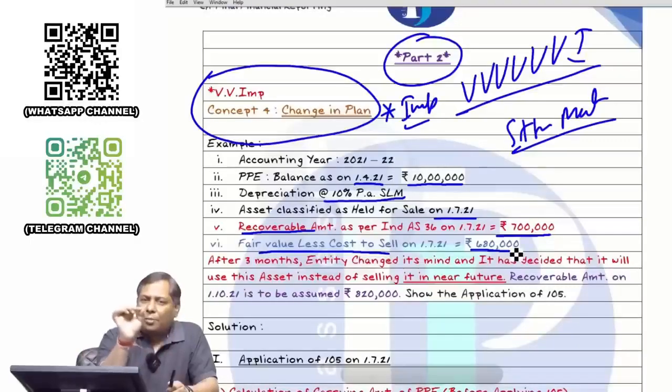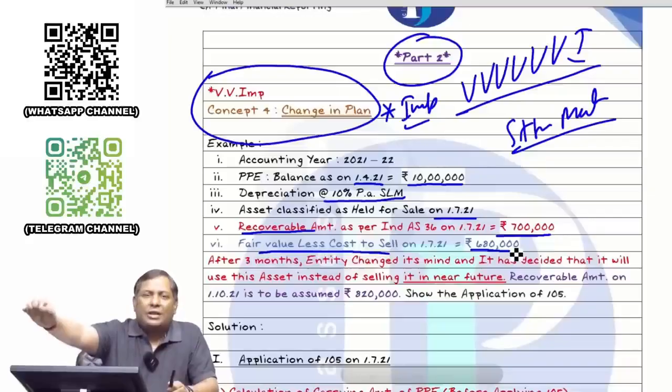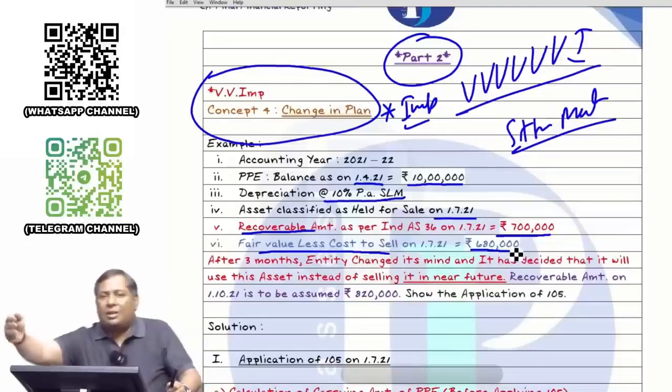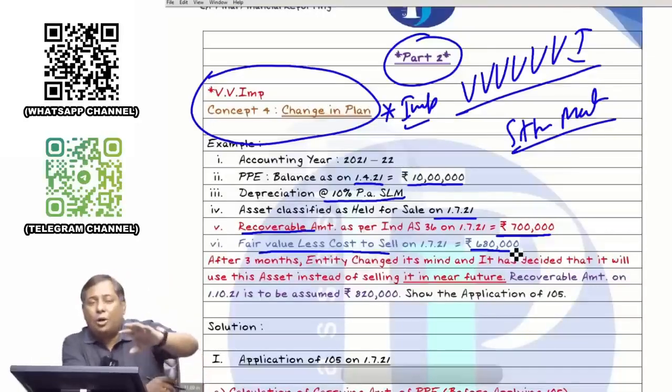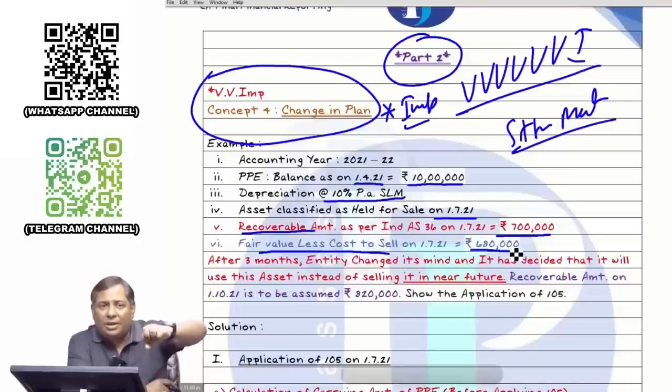You considered some property, plant, equipment and intangible assets. You had assumed that it was held for sale, but later you realized that it shouldn't be considered held for sale. Send it back, we will use it, and cancel the plan to sell it. Okay. Intentions change. So, when your intentions change, you will have to withdraw the asset from 105 and take it to 16 or 38. Okay.